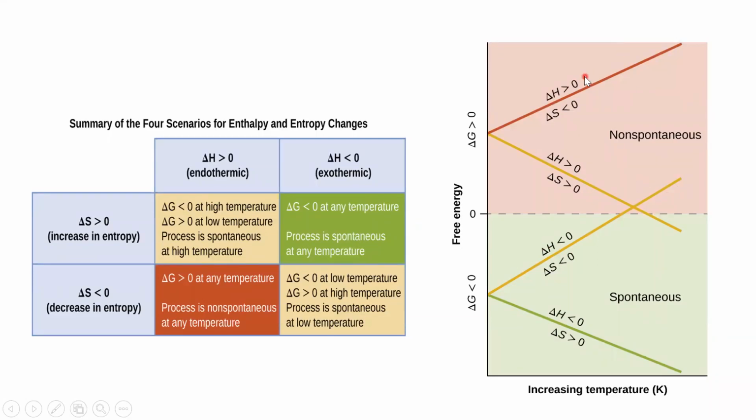If we have an endothermic process that decreases the entropy, it will never be spontaneous. But if we have an endothermic process that increases the entropy, it will be spontaneous at high temperatures and not at lower temperatures.